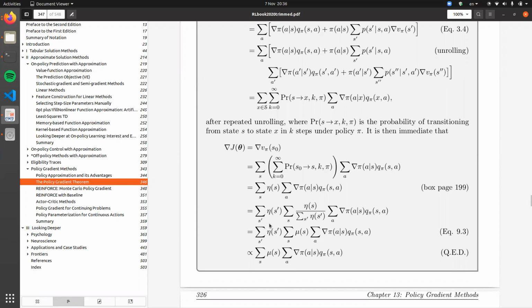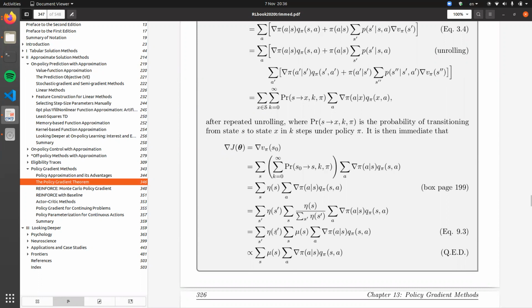So we can rewrite that to get this mu, which is a distribution over states, the probability of being at state s.